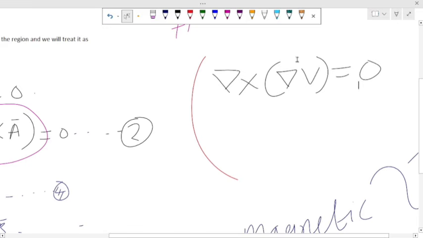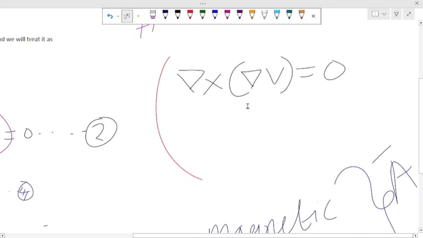And we know gradient is a slope. Slope doesn't have curl. Slope is not rotating. So that means the curl of a slope, which is the gradient of a scalar field, is 0. Now, this vector identity is what we use in our notes as equation 3.